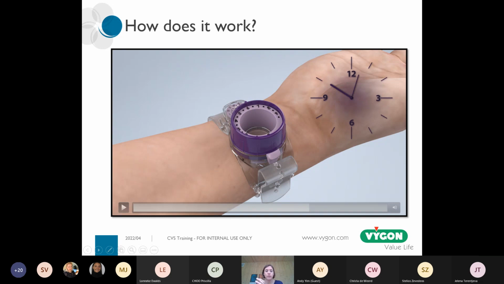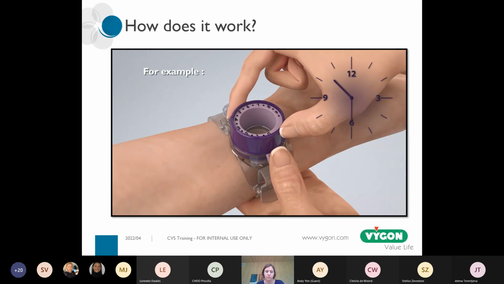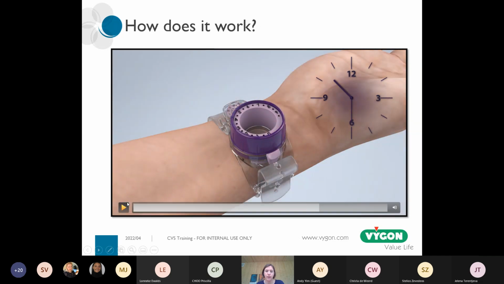If there is bleeding, you have to compress to 5. After 15 minutes, you can go to level 2, and after another 15 minutes, you can go to level 0.